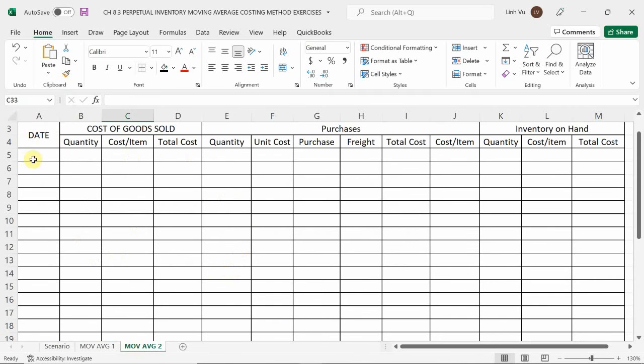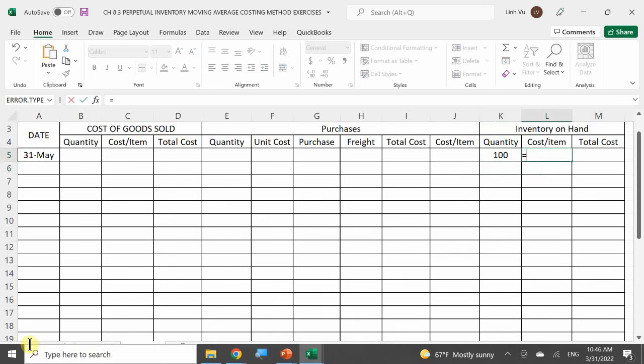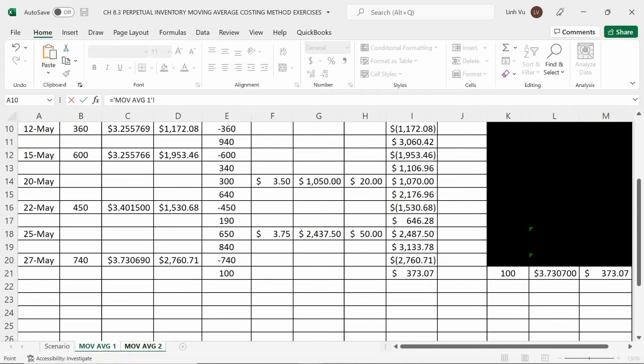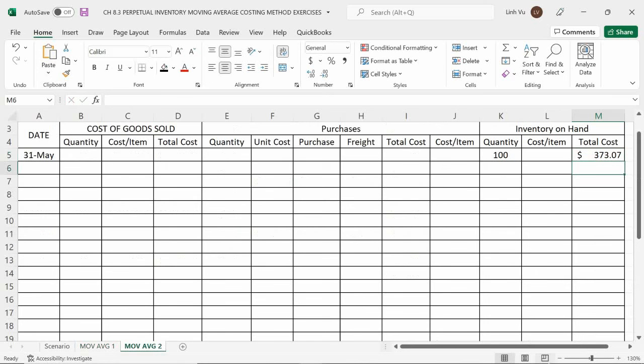I'm going to say, well, we didn't purchase anything, but as of beginning inventory, we still need to say that we had 100 units, and I'm going to copy this from the previous worksheet, that it cost me a grand total of $373.07.